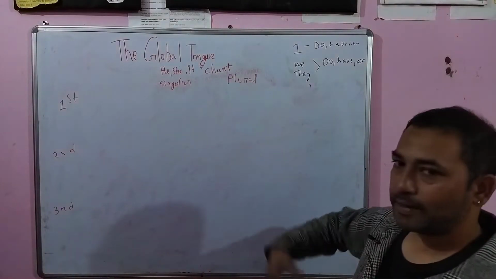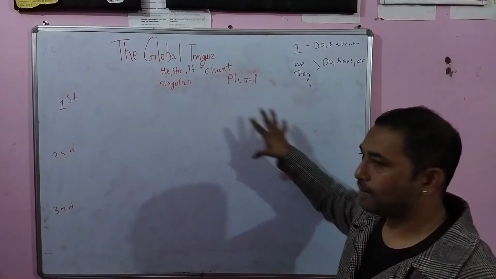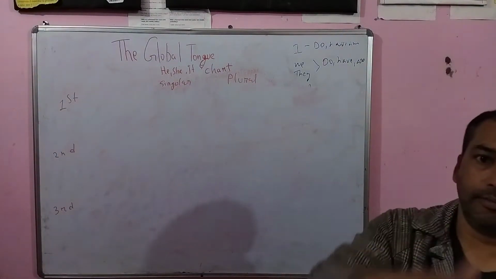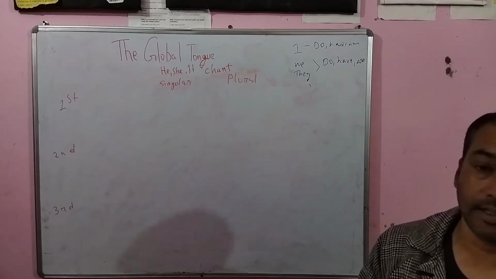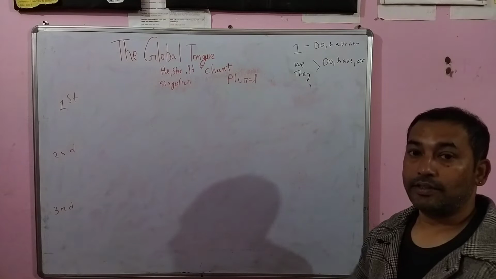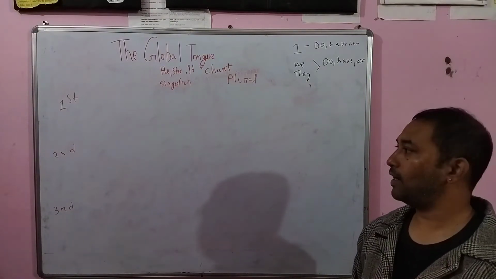Let me give you one more example. The speaker is the board, the first person, and you guys are the listeners, the second person, who could be one or more than one.